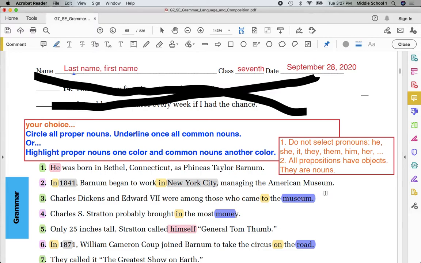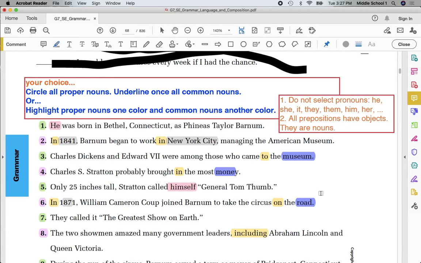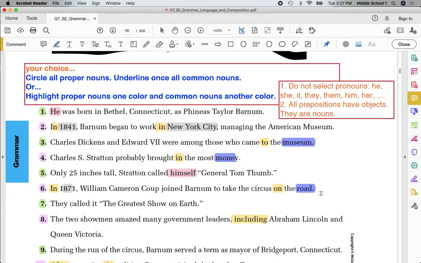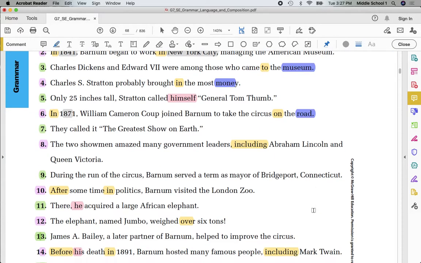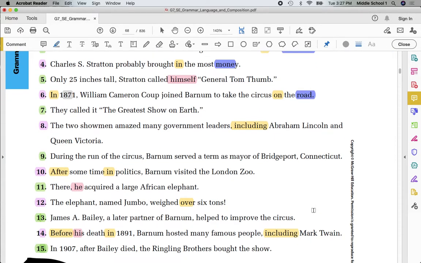I would like for you to circle the odd numbers. Those are the ones I have in green. 1, 3, 5, 7, 9, 11, 13, and 15.